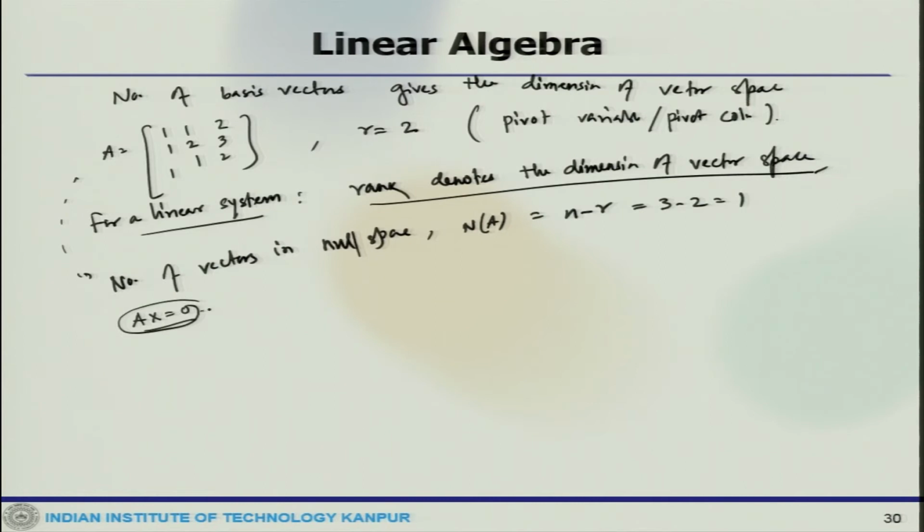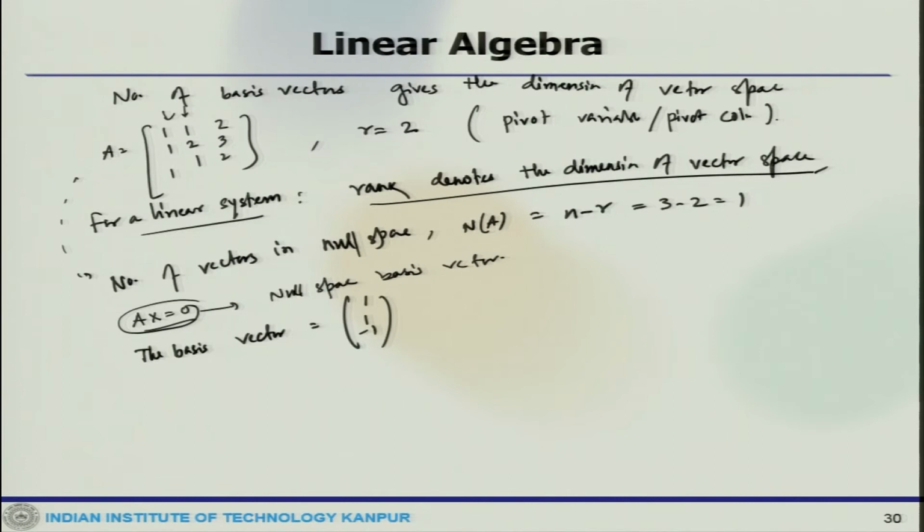From there we can find out the null space basis vector. But since the example that we have taken here looks quite simple, through visualization one can say the basis vector here is 1 1 minus 1, because if these two are considered to be independent, then the third one is going to give us the 0 solution.